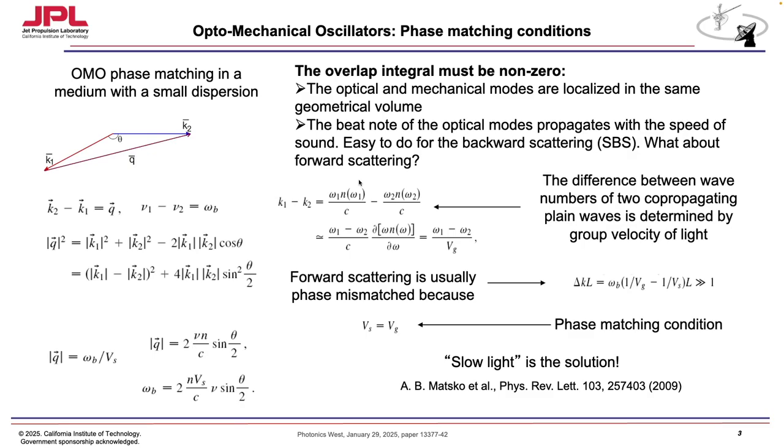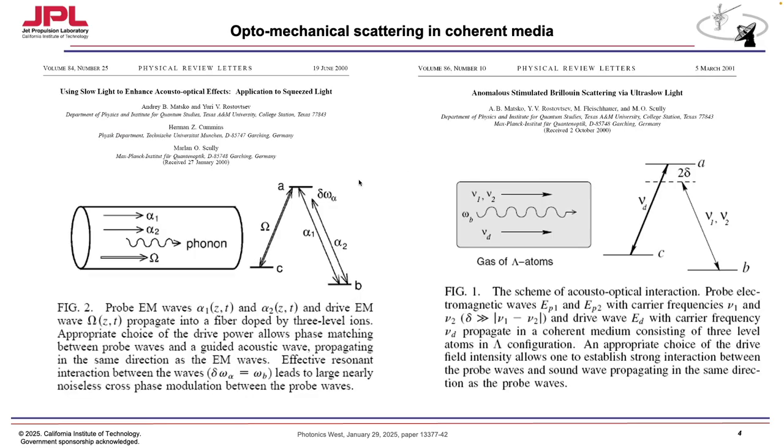and it leads to the oscillation. We discussed it a long time ago, in 2001, with respect to application in slow light atomic medium. We tried to say, okay, we can actually make the phonon speed be matched with the speed of the beat node of the optical wave, and in that case we can create a very strongly interacting system, and it can be used for forward Brillouin scattering, and for observation of some nonlinear effects.